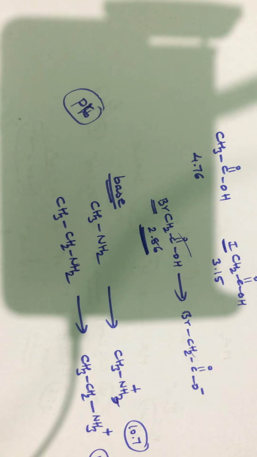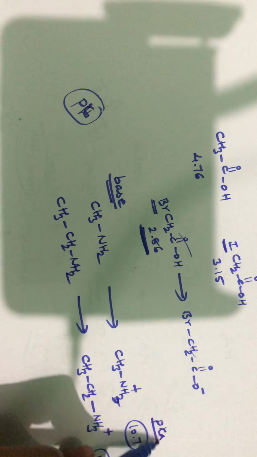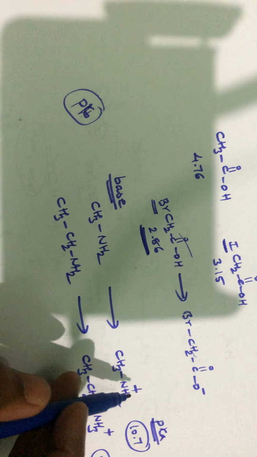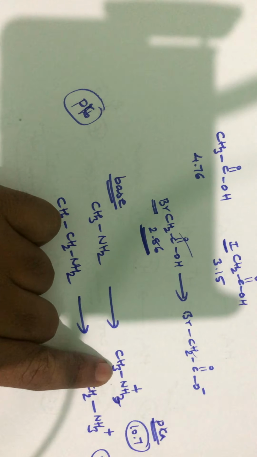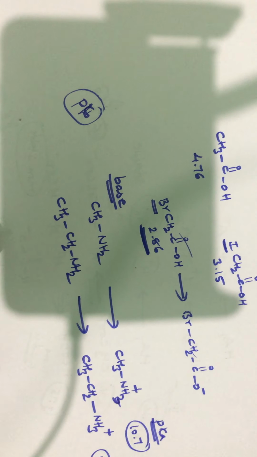Now, smaller the pKa, stronger is the acid. So that means this is a strong acid as compared to this. And you know one thing, that stronger the acid, weaker will be its conjugate base. Or vice versa, weaker acids will have stronger conjugate bases.